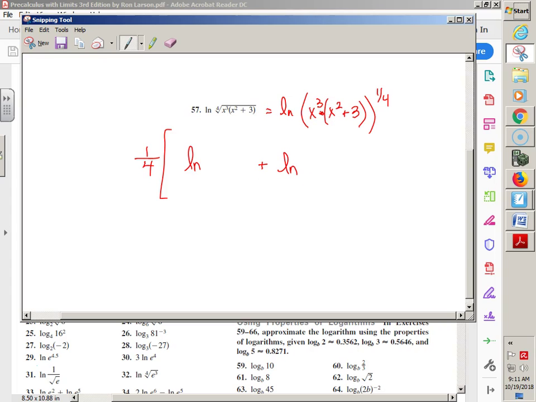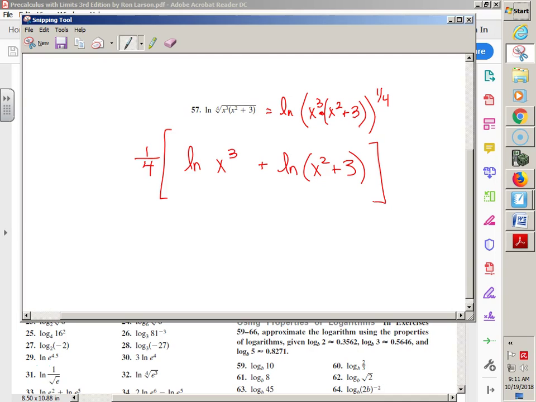But I can't forget that that whole thing, the whole addition, needs a 1/4 in front. So when I do x cubed and x squared plus 3, I'm going to have parentheses, and so I put a big old bracket to say, all right, I know there's about to be a mess in here, but 1/4 has to remain outside, okay? Because once again, that radical is over everyone, so that 1/4 has to be on every logarithm.